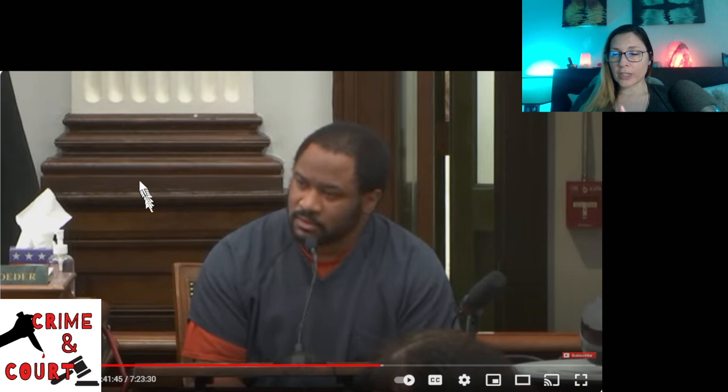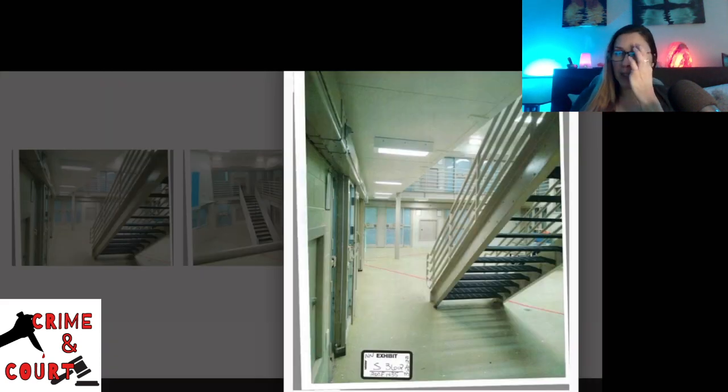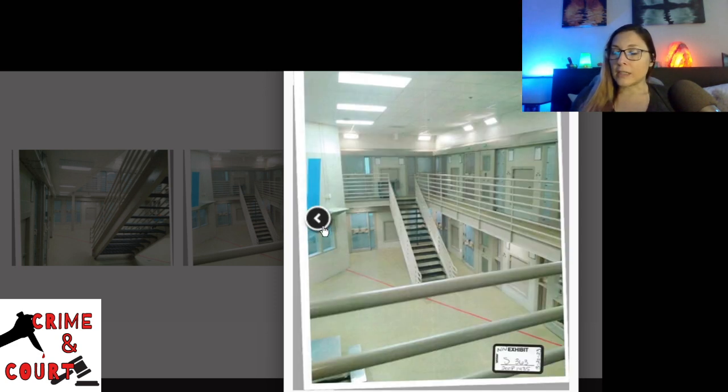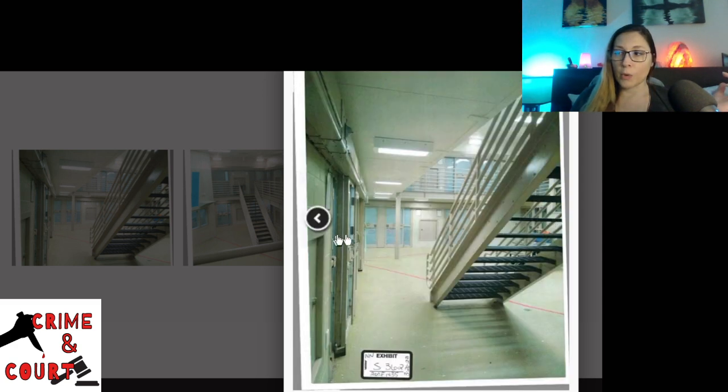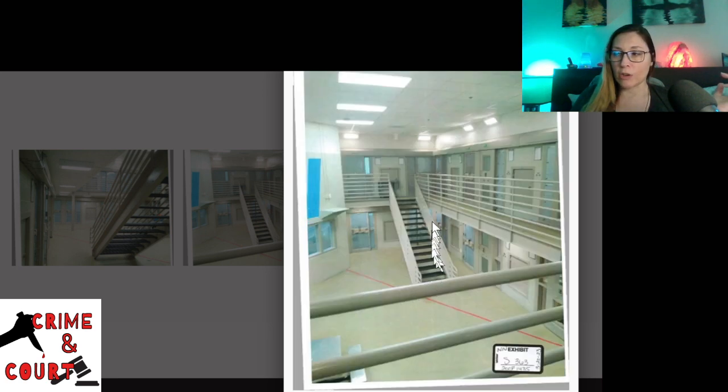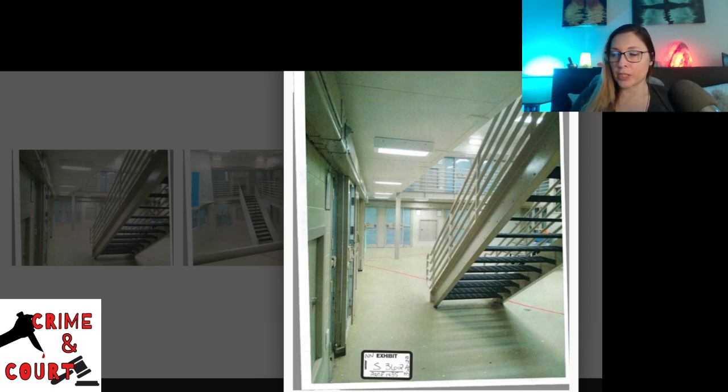Going to interject just for a moment. In one of the episodes where we went through the evidence and the pictures, I did say it had something to do with the cell and jailhouse informants. This is what we're going to talk about now. This cell under the stairs is where Marquand Washington was.